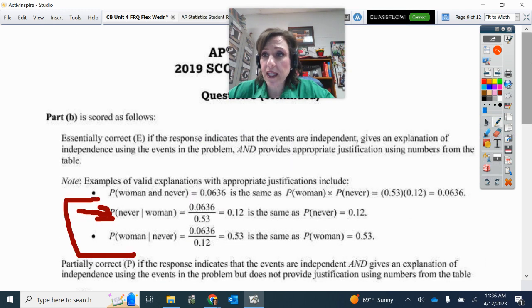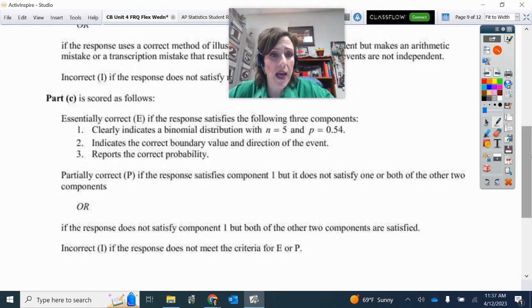And again, to get that credit, you had to indicate this binomial distribution, the correct boundary values of 4 and 5 that you wanted, and then the correct probability to get essentially correct. For partial, part 1 is definitely required: it's a binomial distribution with n of 5 and p of 0.54. If you didn't do that, you were out.